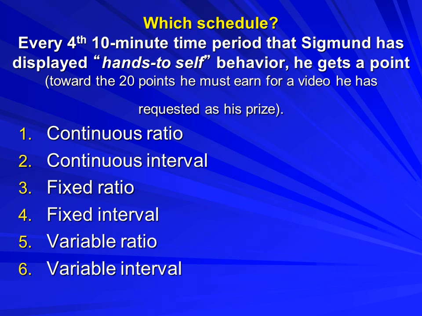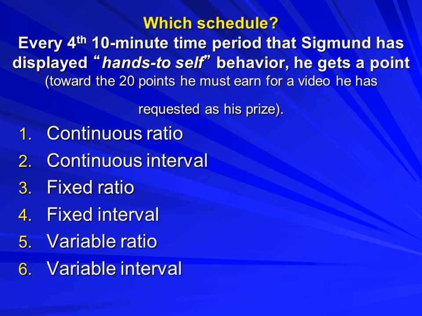All right, Sigmund is going to be reinforced for every fourth 10-minute time period. We see every fourth. Aha, it's set. It's fixed. And while we are talking about time, they're time blocks.